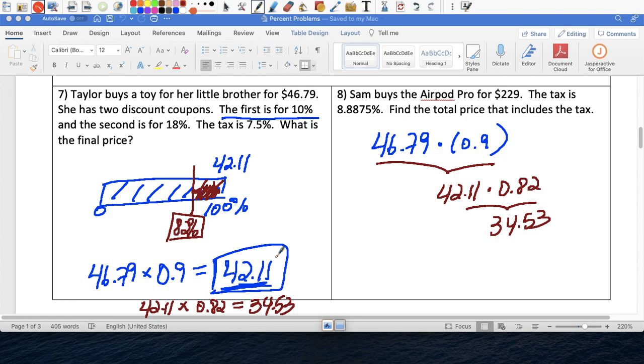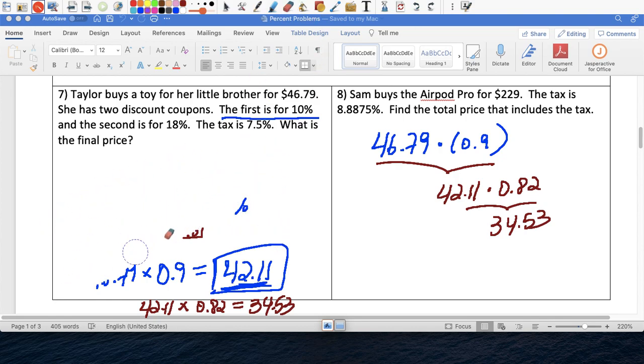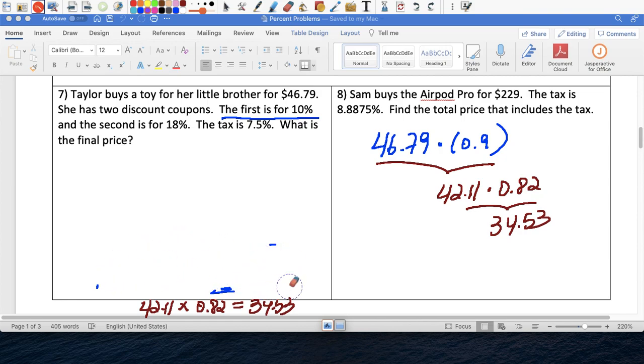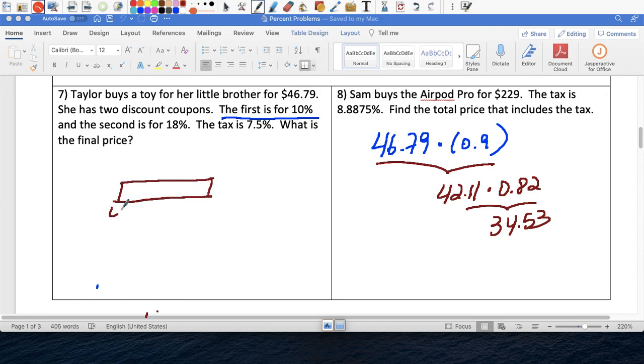Again, everything's gone. Erase everything if you're doing this step by step. If you want to draw a new bar model, here's 0, there's 100%, and now your 100% is $34.53. That's what you have to pay. So this is the price after 2 discounts.